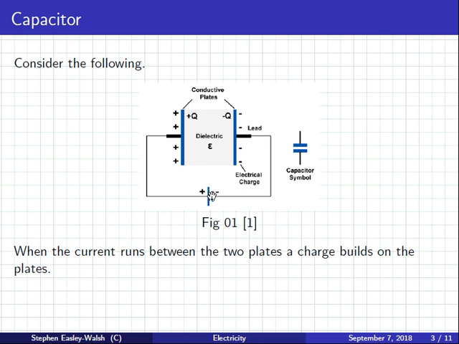This will be a positive and this is a negative, and this plate will become positively charged and this plate will become negatively charged. What's very interesting is if you turn this off, the charge here and here will then start to flow for a short time.